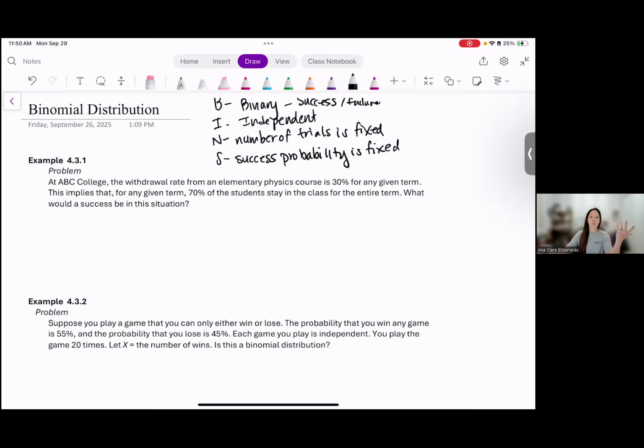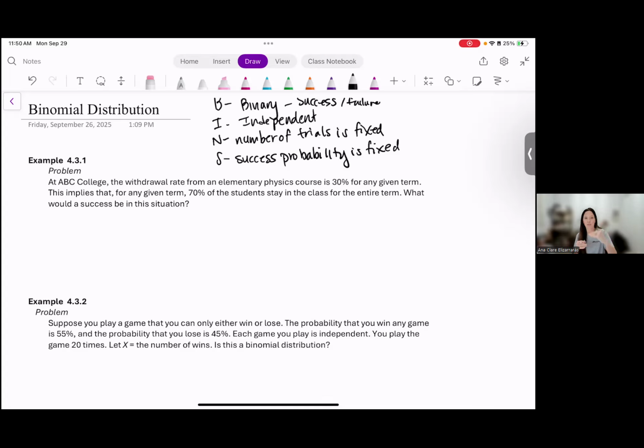In order to do this, we have to think about what's success, what's failure, what's probability of success, and so on. So for this first example, it says at ABC College, the withdrawal rate for an elementary physics course is 30% for any given term. This implies that failure, that they would not withdraw, is 70%.